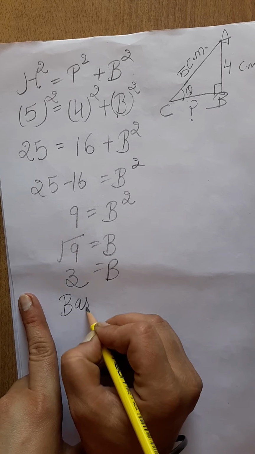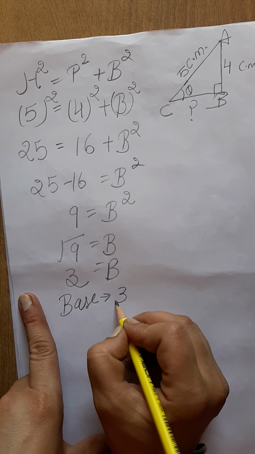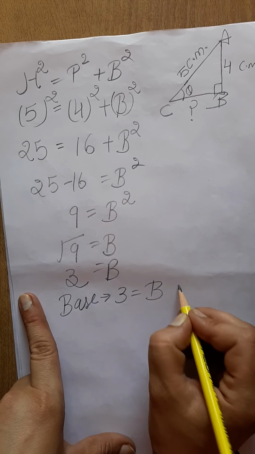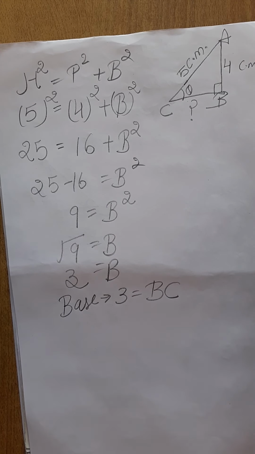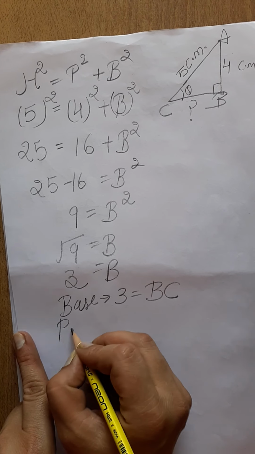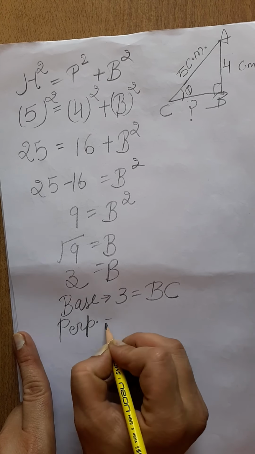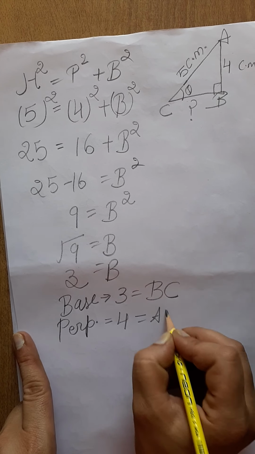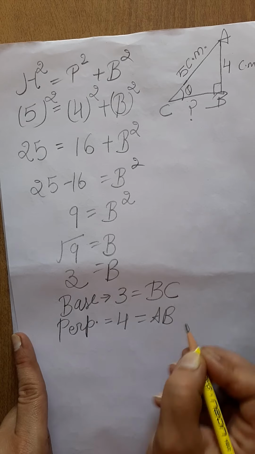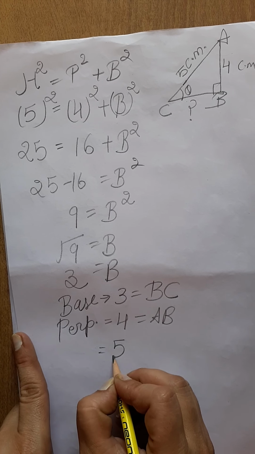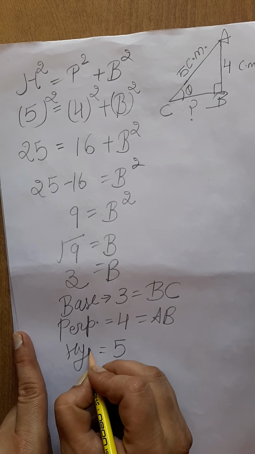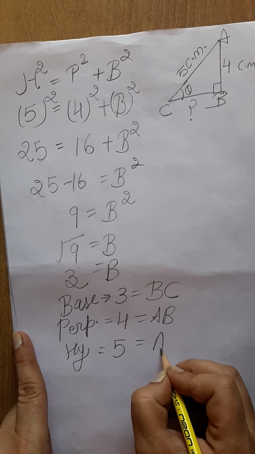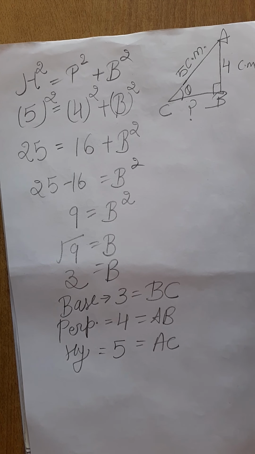You can see here base 3, that is equal to side BC, and perpendicular, that is equal to 4, and this one is called the side AB, and we take 5 centimeter as hypotenuse, and this side is called AC.